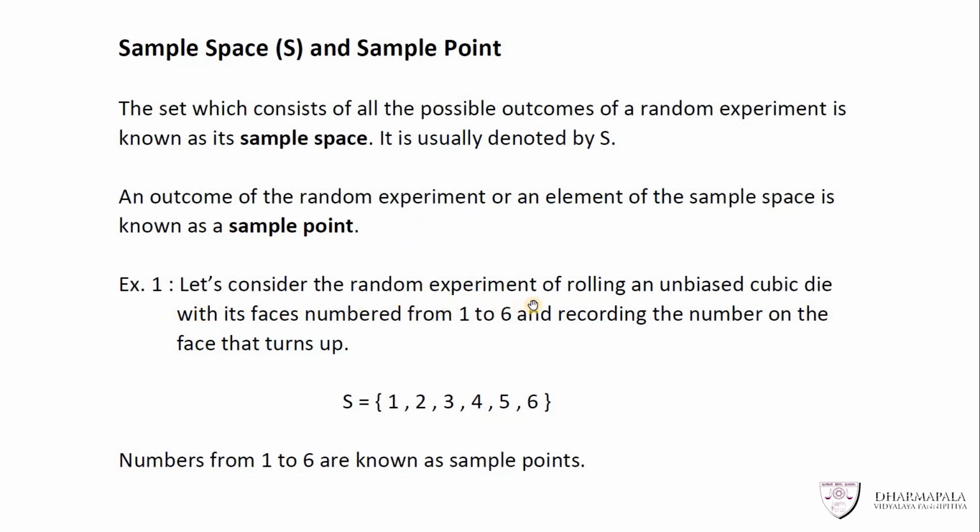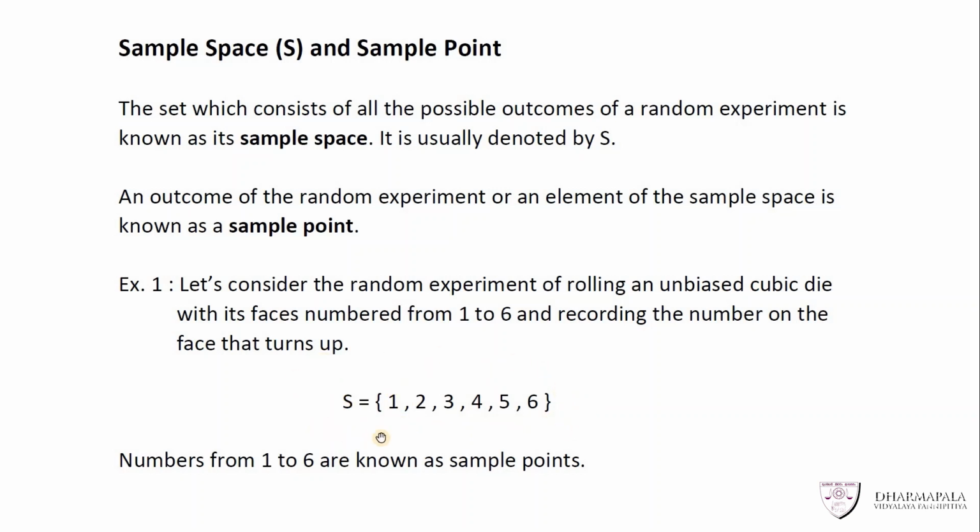Let's consider the random experiment of rolling an unbiased cubic die with its faces numbered from 1 to 6 and recording the number on the face that turns up. So this is the same experiment we discussed earlier also. We know outcomes are the numbers from 1 to 6. When we take all the outcomes as a set, that is the sample space.